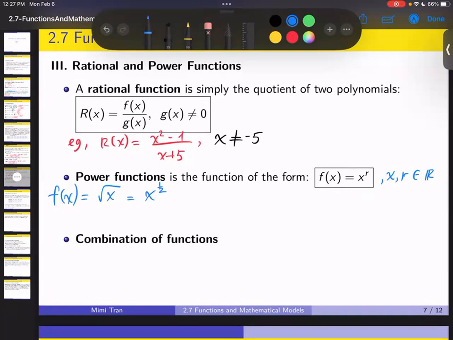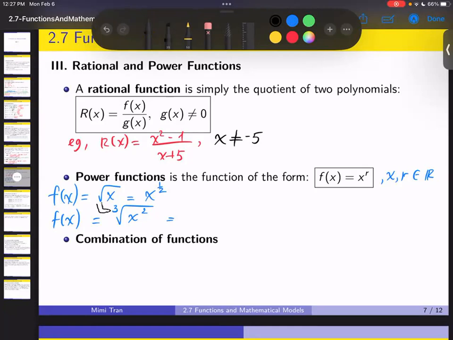I'll give you another example. f of x equals cube root of x squared. If you change it into a rational power, do you guys remember the boot method that I talked about? The little boot method, one of the professors taught me how to do that. It's your little winter boot right there.